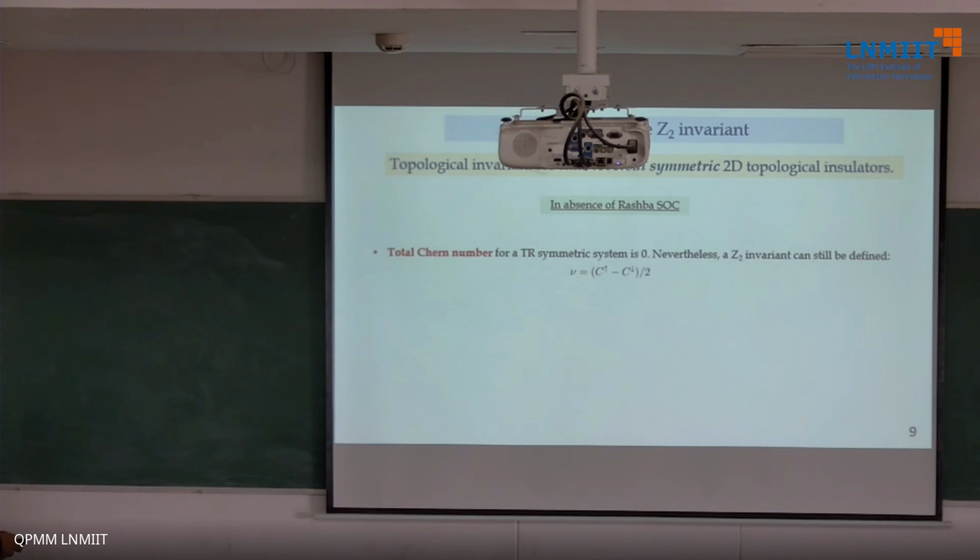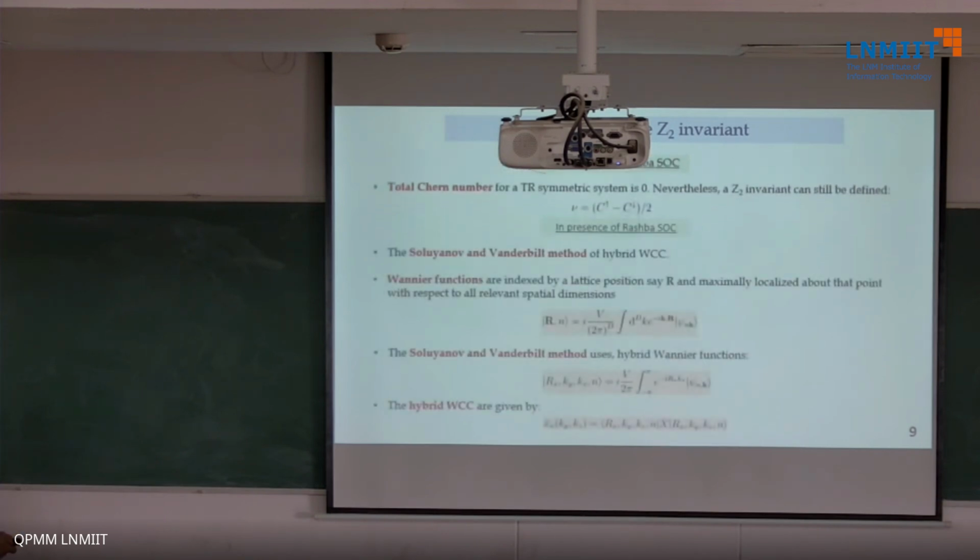Z2 invariant is another thing that one considers, and there are methods for it. It's not important here. They calculate what are called Wannier charge centers by using the Wannier functions, and this was actually done by Vanderbilt and co-workers.